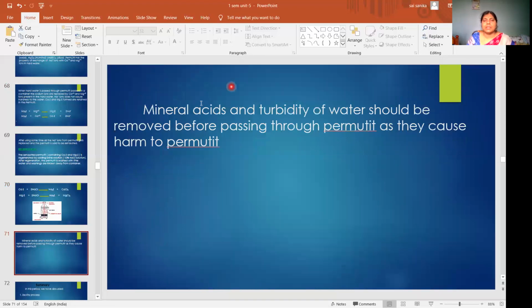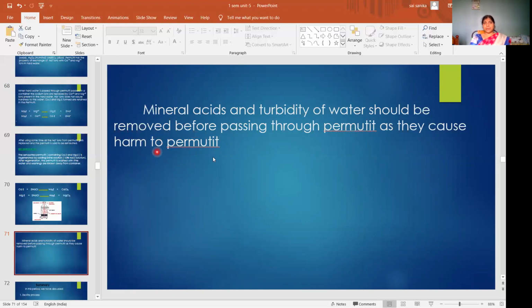Okay, so mineral acids and turbidity of water should be removed before passing through permutit, as they cause harm to the permutit. If any mineral acids are present in water, or any turbidity, like mud particles, those will be removed before passing through permutit because they cause harm to it.